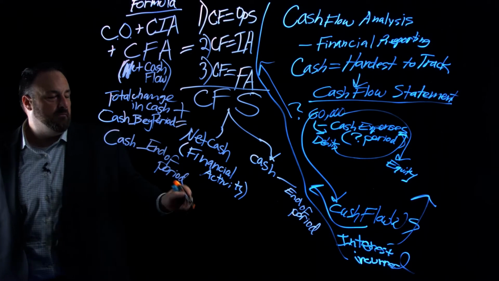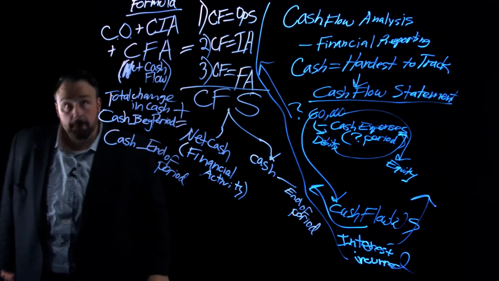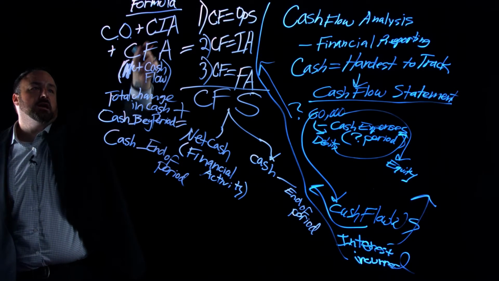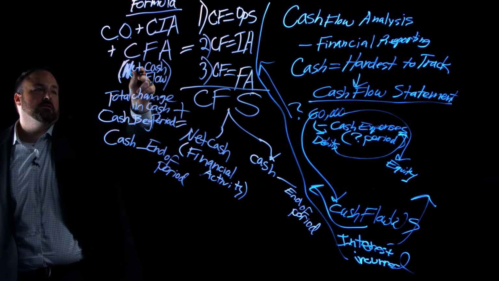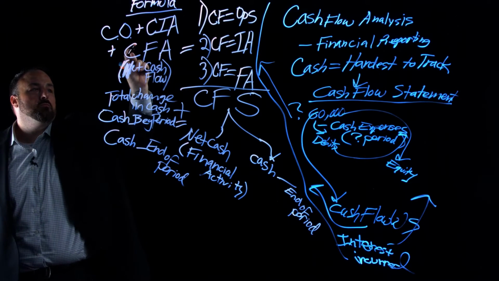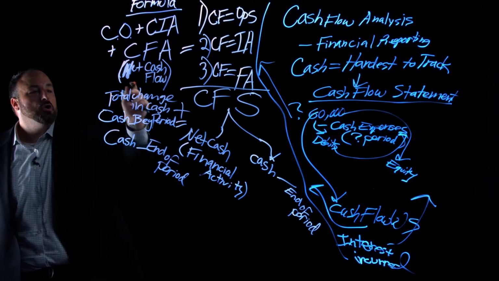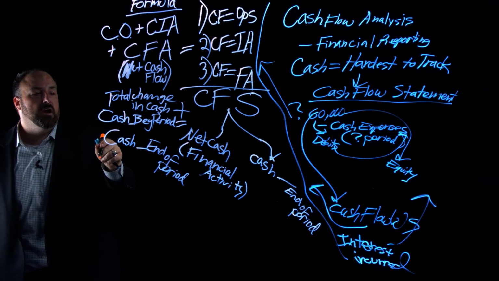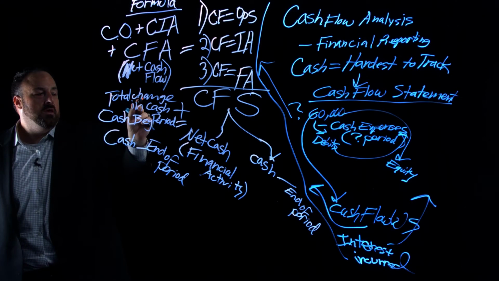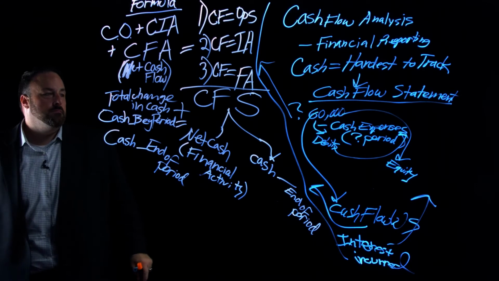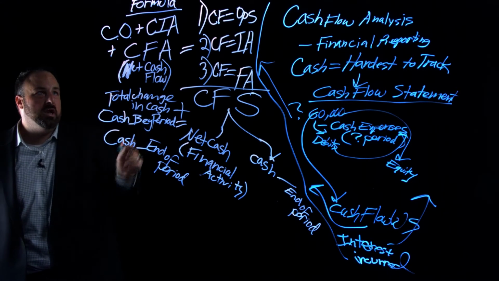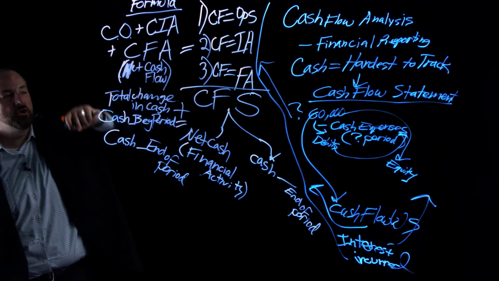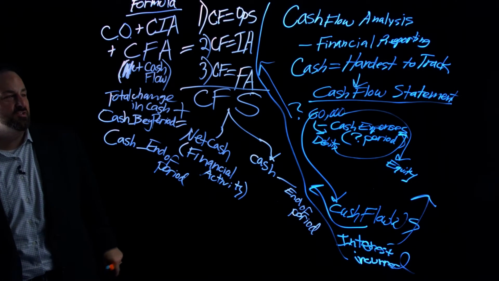So let's take a step back, evaluate that, make sure there's a balance there. Cash from operations plus cash from investing activities plus cash from financial activities, which is net cash flow, will and should equal total change in cash plus cash at the beginning of the period, right? And that will then equal cash end of period. You can't go wrong if you're keeping track of all these components of where the cash is actually going to and where it's coming from, as mentioned.